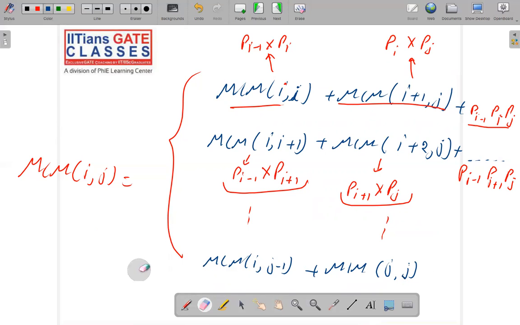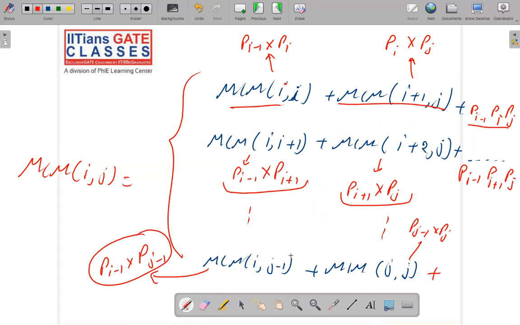The resultant matrix of the first is P(i-1) P(j-1), and of the second is P(j-1) Pj. So the operational cost will be P(i-1) multiplied by P(j-1) multiplied by Pj.